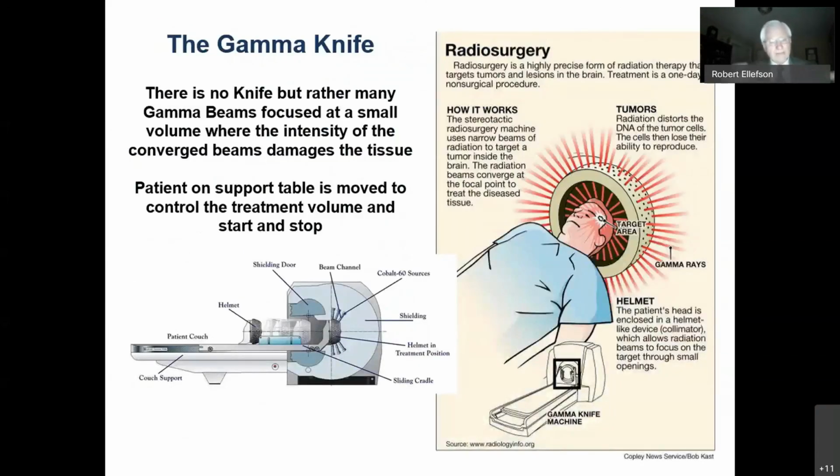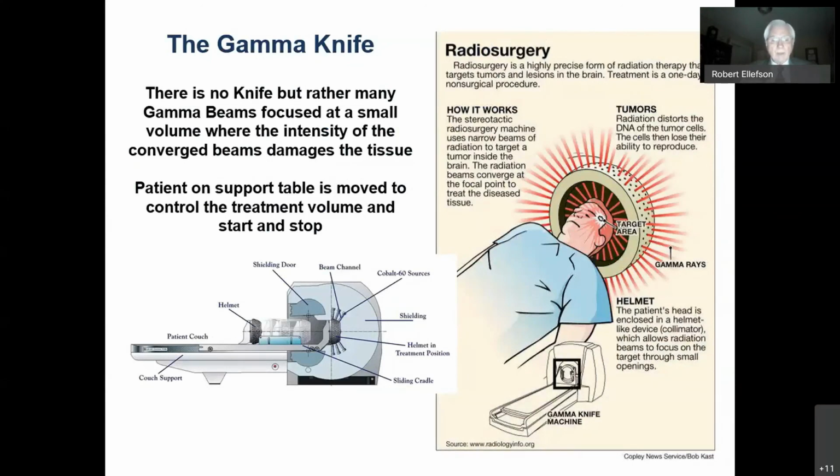The gamma knife is a variation on the cobalt-60. There is no knife, but rather there are many gamma beams that come from cobalt-60 sources, and they are all focused on a very, very small volume, where the intensity of the converging beams is intended to damage the tissue and again kill the cancer by damaging the DNA.